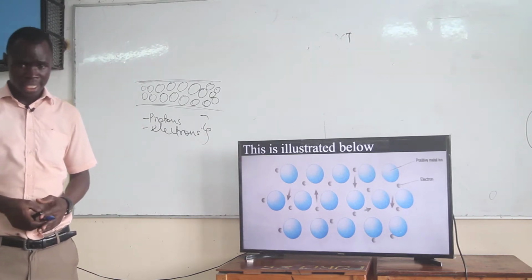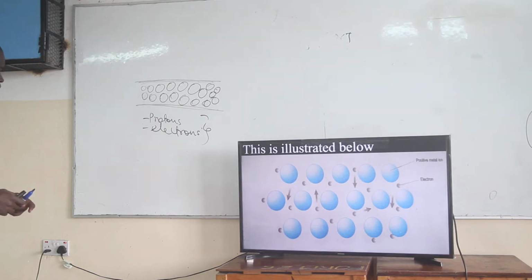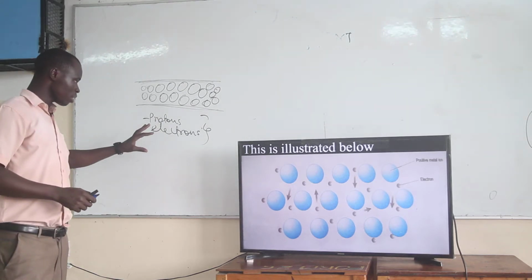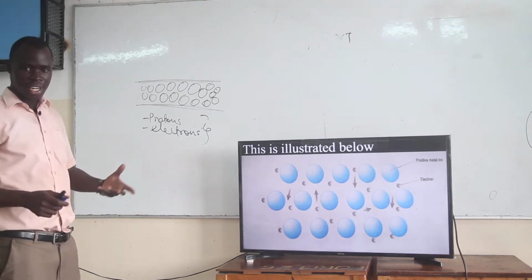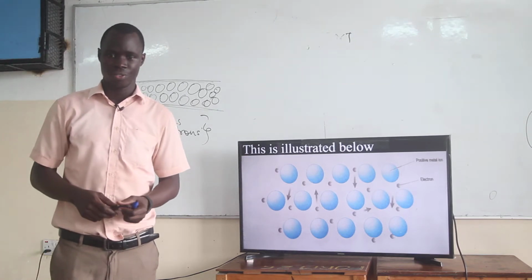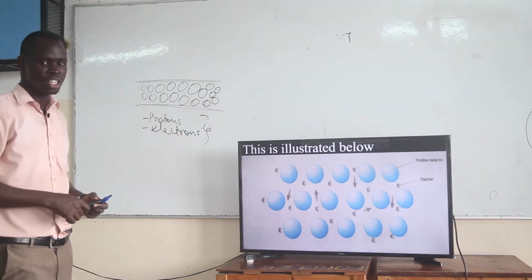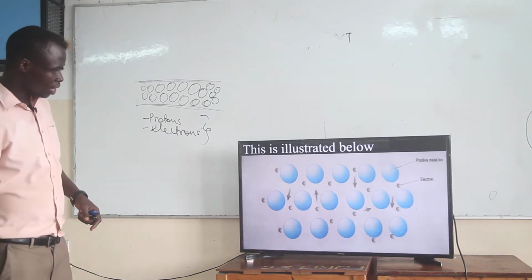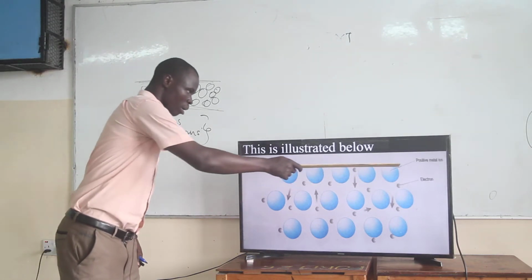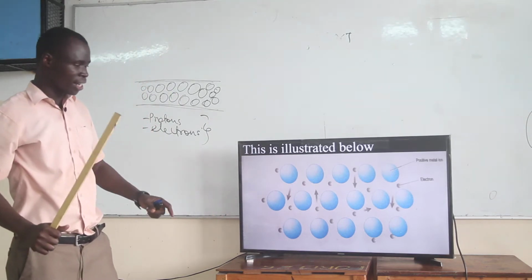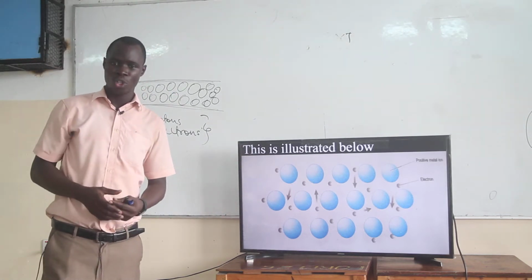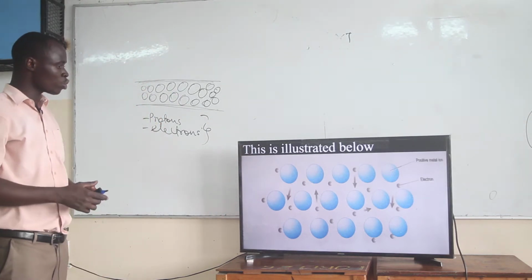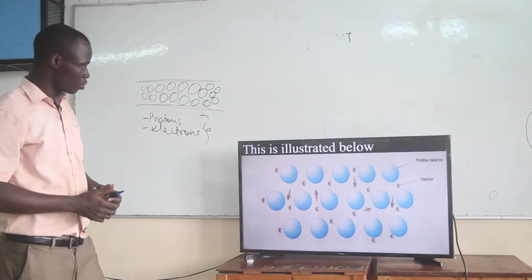Another reason why we are interested is the electrostatic force of attraction that is going to develop between the protons and the electrons, and this is what constitutes what we call the metallic bond.